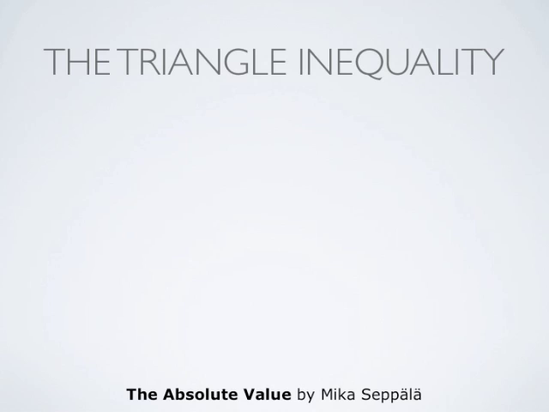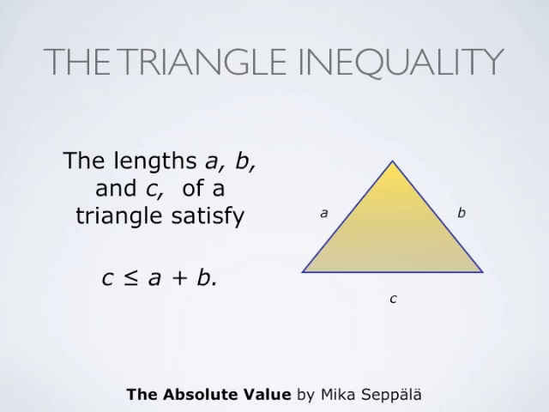The triangle inequality is an important tool in calculus that has applications to almost all areas of mathematics. We start by observing that if A, B, and C denote the lengths of the sides of a triangle, like the one shown here in this picture, then C is always at most A plus B. In fact, C is strictly less than A plus B if this triangle has a positive area, that is, if this is a proper triangle as the one shown here.